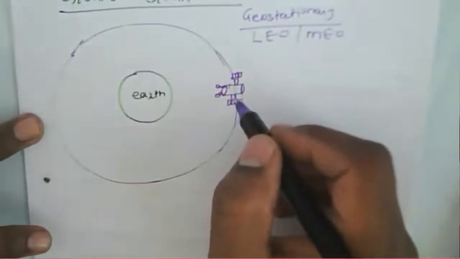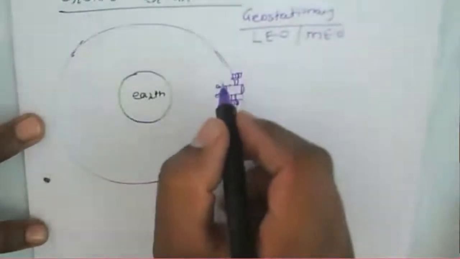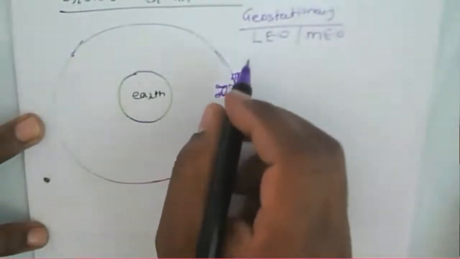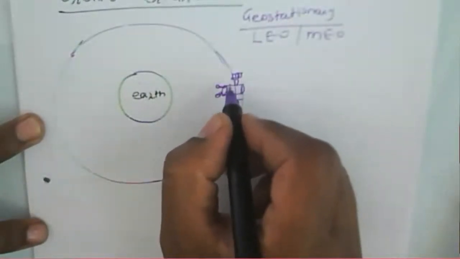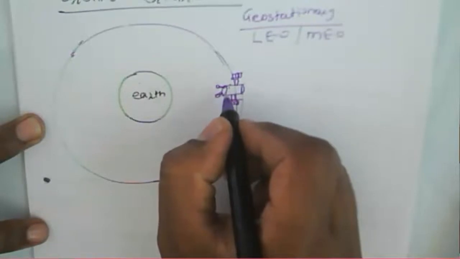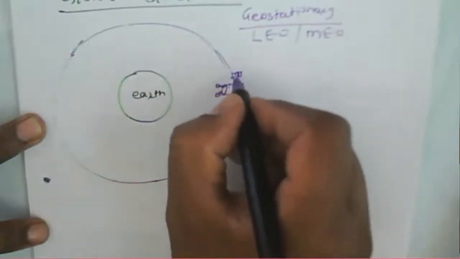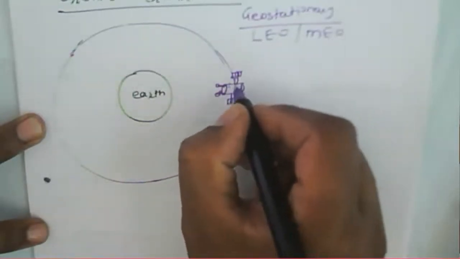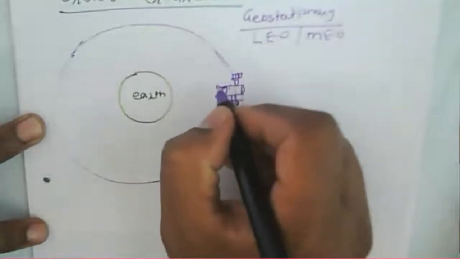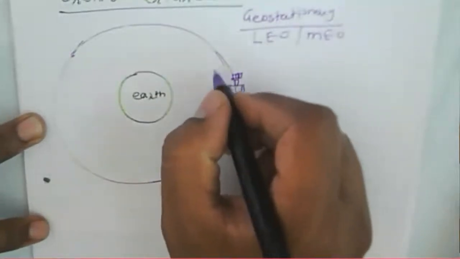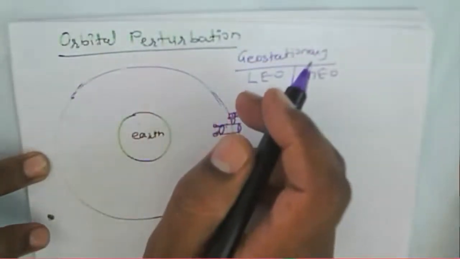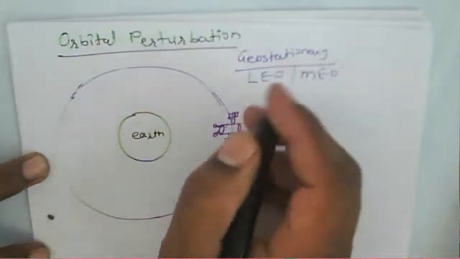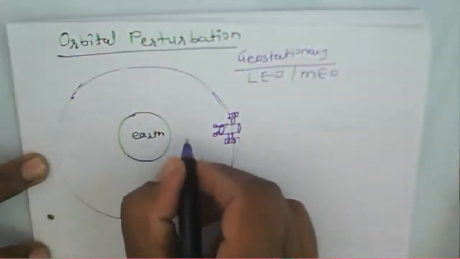Because of those disturbances, the satellite changes its position, a deviation in the orbit occurs, and that particular deviation is called a perturbation.